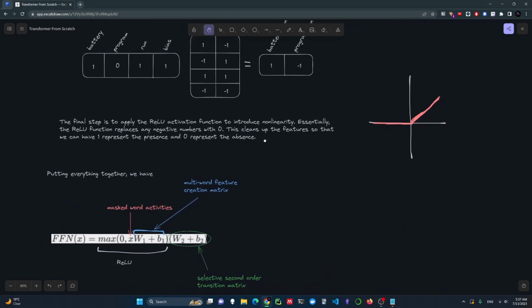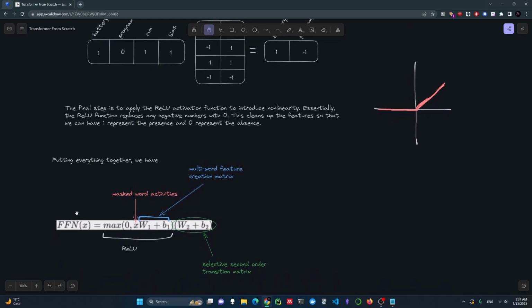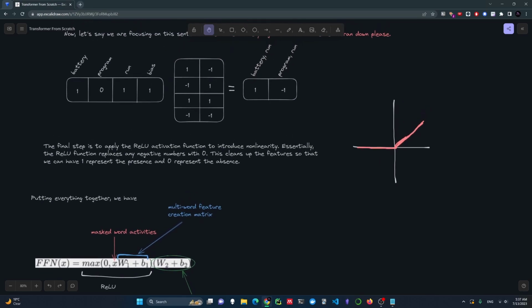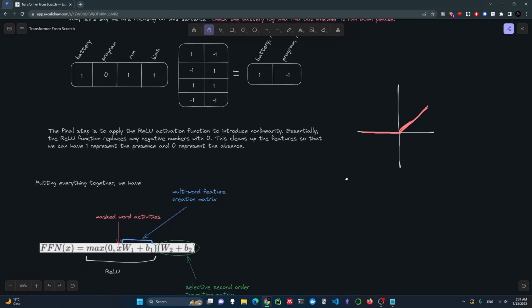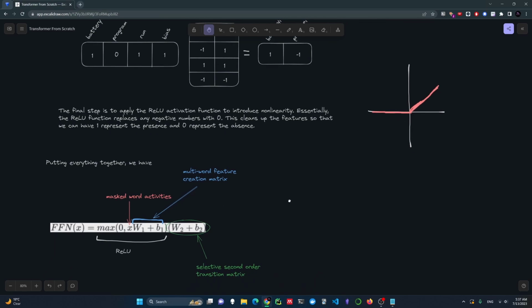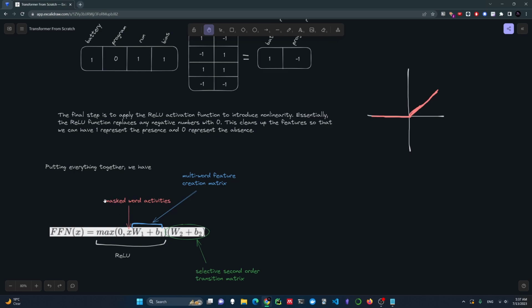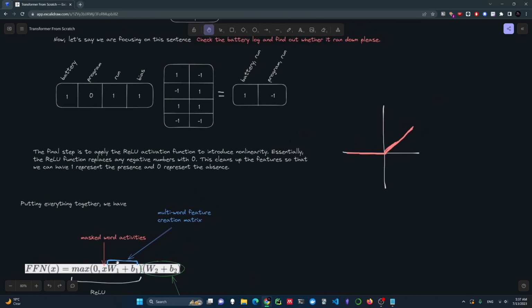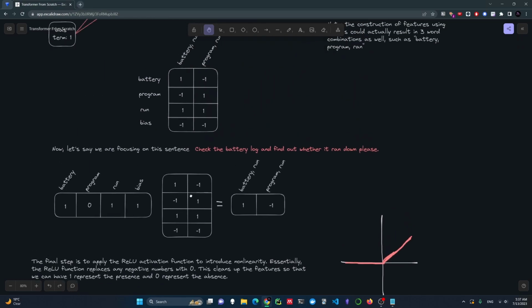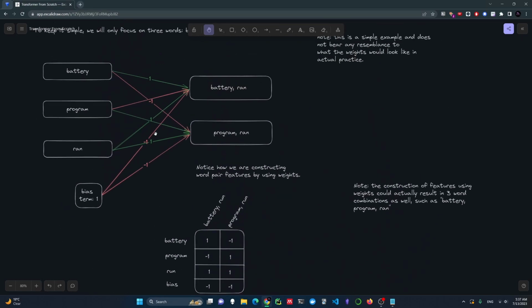And putting everything together, we have this formula for the fully connected neural network. First, we take the max of 0 and the multi-word feature creation matrix times the masked word activities, because this essentially represents the ReLU activation function. The masked word activities are all the words that we care about after applying the mask. We multiply it by the matrix here, which is essentially the step up here.